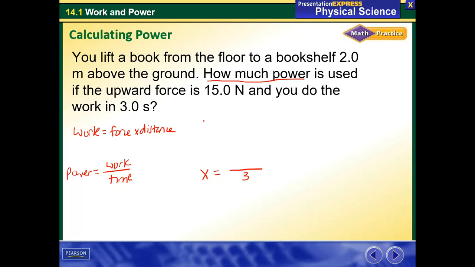For our work equation, work is going to equal 15 newtons times a distance of 2, which equals 30, and this is 30 joules of work. Then we can take this 30 joules and plug it down here. So 30 divided by 3 gives us 10 watts of power.